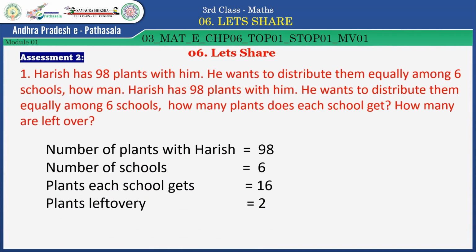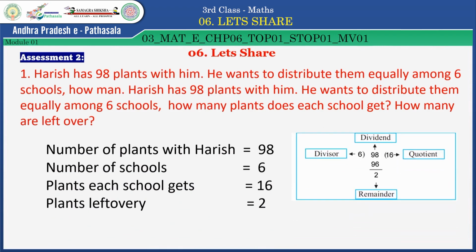And the plants each school gets is equal to 98 divided by 6. Here clearly 6 is the divisor and 98 is the dividend. 6 16s are 96. 98 minus 96 is equal to 2. The remainder is 2. Therefore, the plants each school gets is 16 and the plants left over is 2.